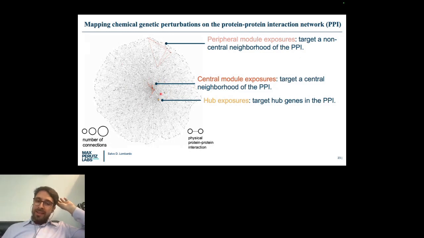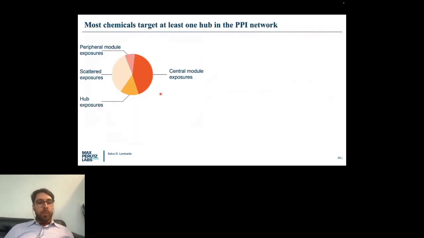We show that this classification is not just topological, but also has a repercussion on their biological activity. First of all, we can observe that most exposures in the CTD are actually targeting one hub in the protein-protein interaction network, because around 60% are either central module exposures or hub exposures.